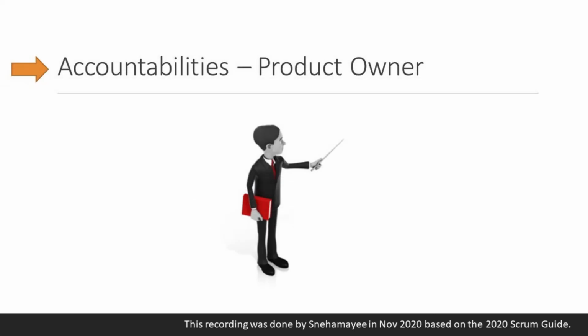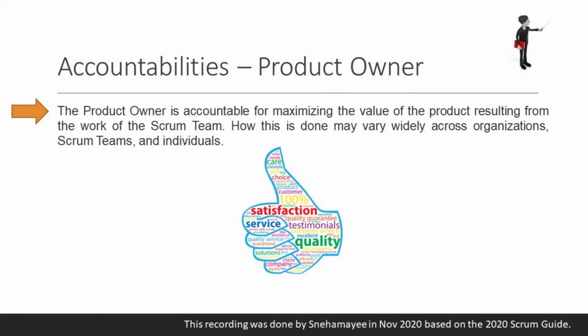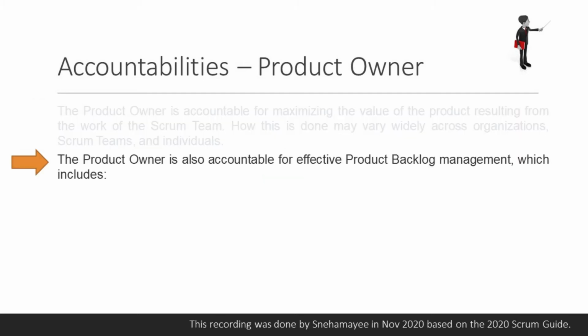Accountabilities. Product owner. The product owner is accountable for maximizing the value of the product resulting from the work of the Scrum team. How this is done may vary widely across organizations, Scrum teams, and individuals.